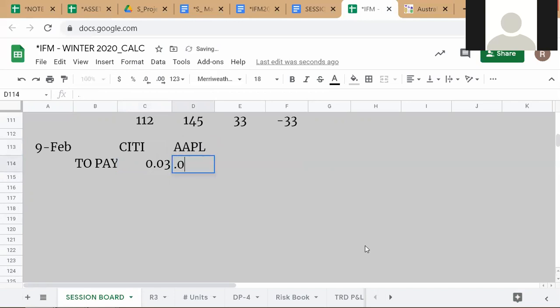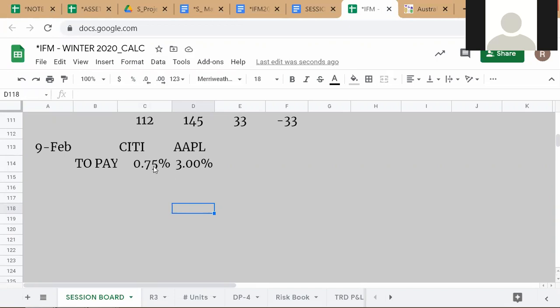Apple has to pay 3%, and Citibank has to pay the 6-month LIBOR, which was fixed. So let's say the 6-month LIBOR was fixed as 75 basis points. Okay, let's assume it's just 75 basis points, 0.0075. A basis point is 100th of a percentage point, so 75 basis points is 0.75%.